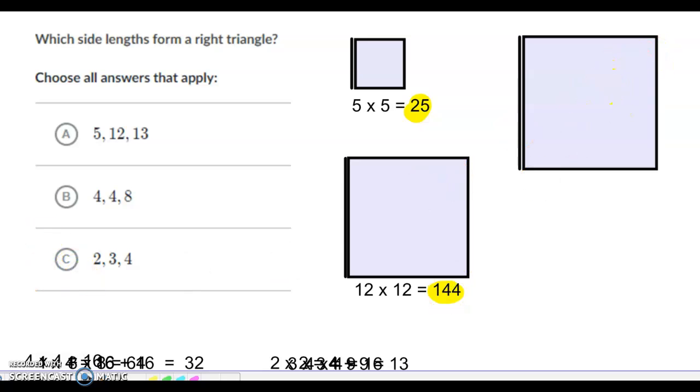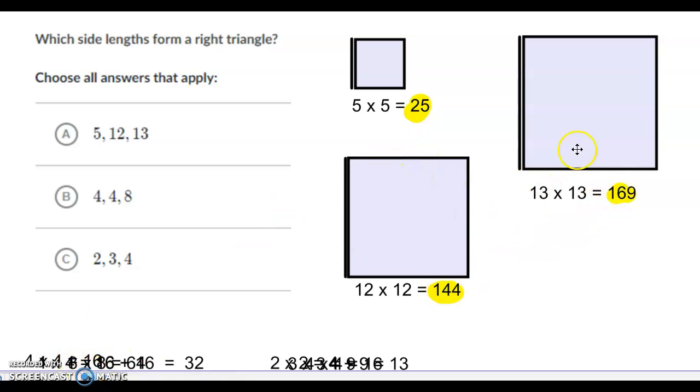They gave us this one as well, so I'm just going to drop it down here. This side length was 13, so 13 times 13 is 169. Does 25 plus 144 equal 169?